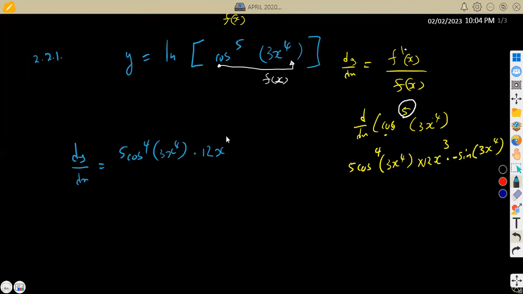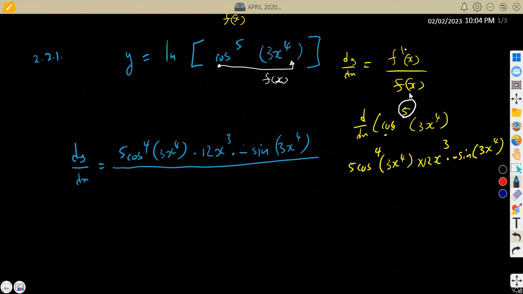So that's 12x to the exponent of 3 by negative sine by 3x to the exponent of 4 in this case. Okay, so everything that you're going to have here, you divide by f of x. So this f of x is going to remain as it is. That's cos to the exponent of 5 into 3x to the exponent of 4, like this.